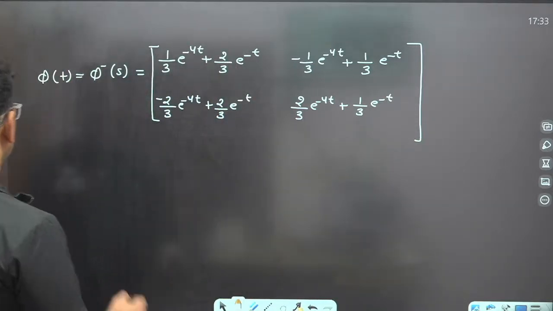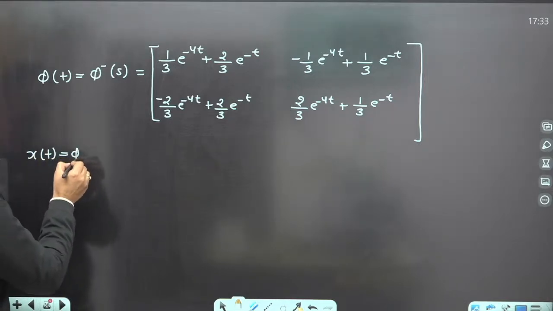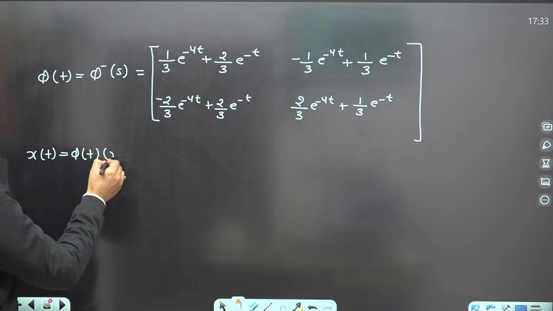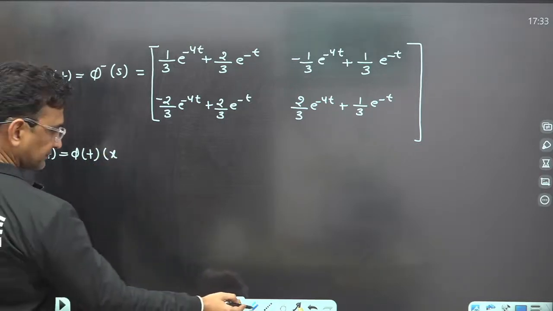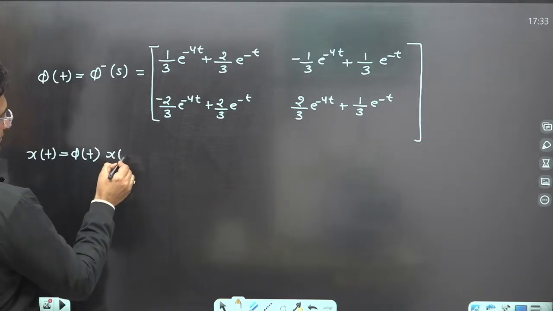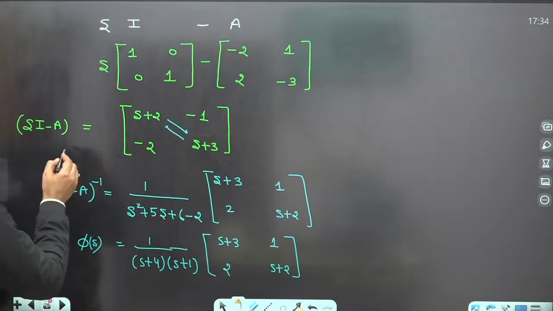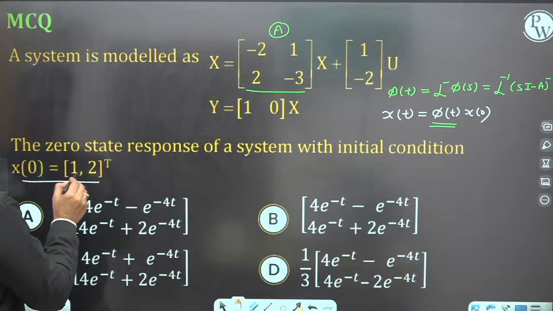Clear? Now we have to find x(t), which is nothing but phi(t) multiplied by x0. And x0 is the transpose of 1 2, that is, convert row into column.